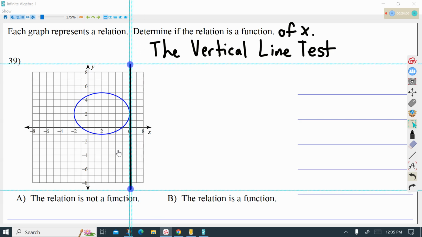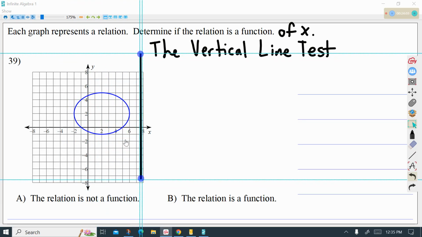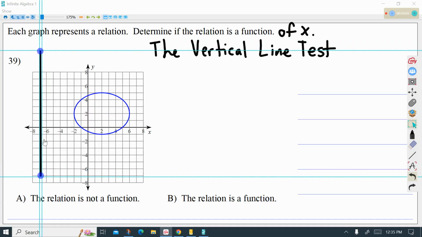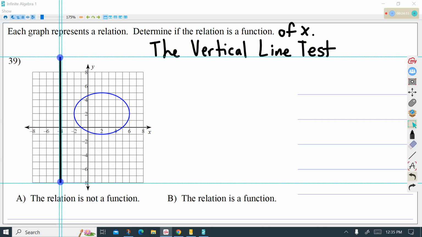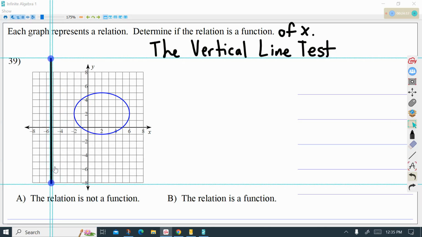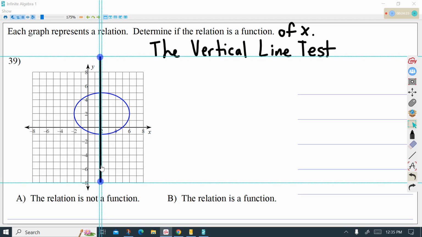So what we're going to do is use this vertical line and scan our graph. In this case, our graph is the circle, or this oval, I mean. This oval is in blue, and that's the graph we're talking about. I'm going to start all the way on the leftmost side of this graph and pass a vertical line over it, and check to see if there's ever a place where the line crosses the graph in more than one place.